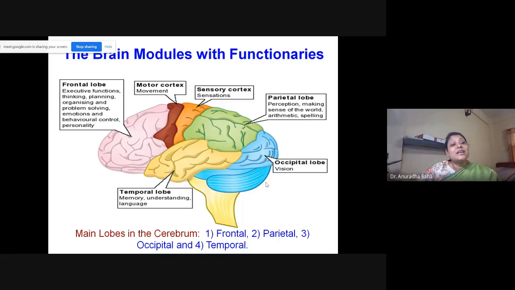But here, with those brain modules, I need to focus on the prefrontal region.